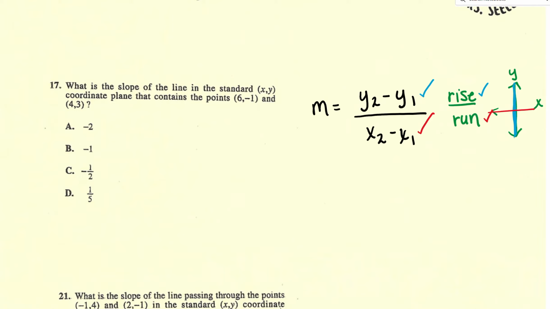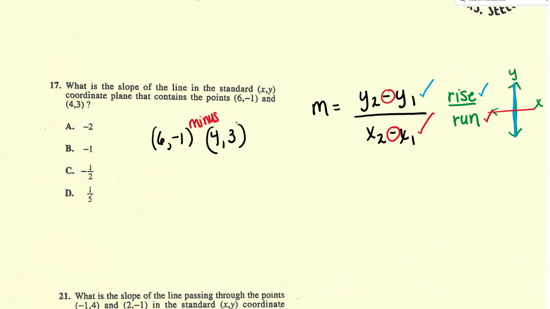So let's take a look at this over here. You've got the two points, (6, -1) and (4, 3). Another thing that's really helpful is, because there is a minus or a subtract in between the two numbers, you want to maybe write that word minus because it can help with the negative mistakes that you might make.